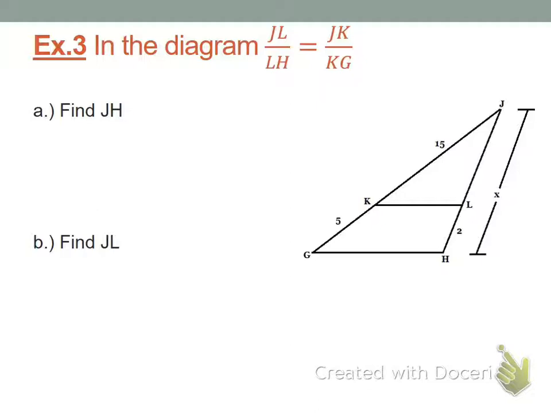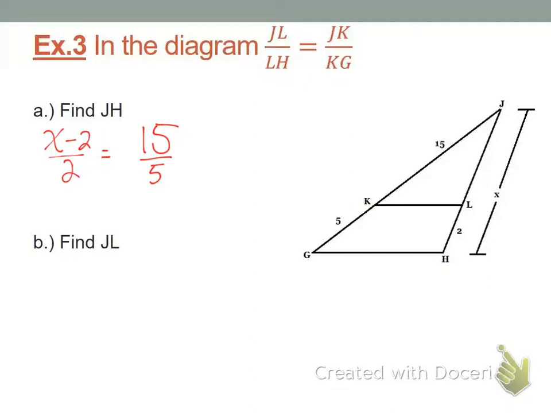So JL is the only one that they did not give us directly. How did we express JL? Good, we should have expressed it as x minus 2 over LH 2 equals JK over KG.